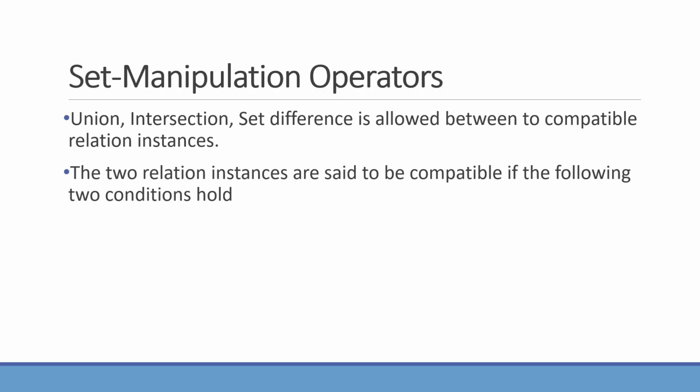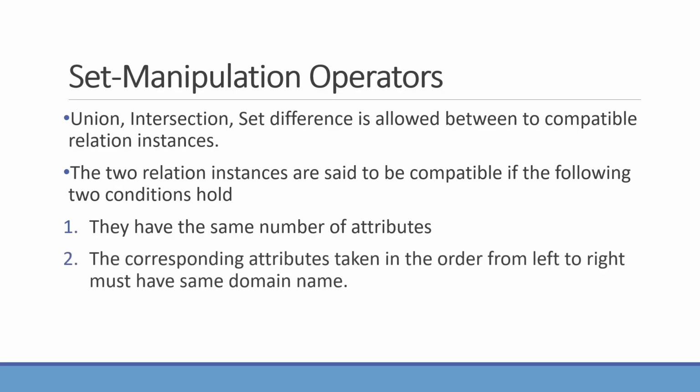The two relation instances are said to be compatible if the following conditions hold. They should have the same number of attributes, and the corresponding attributes taken in order from left to right must have the same domain name.